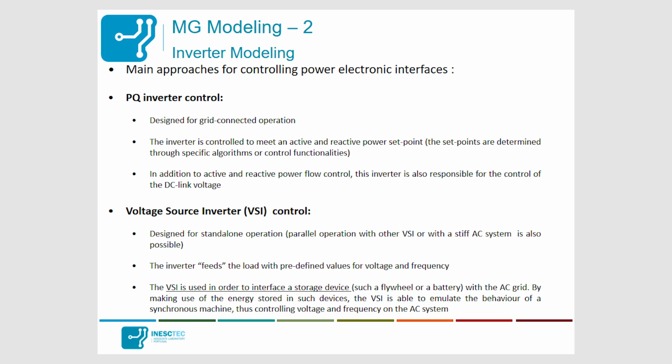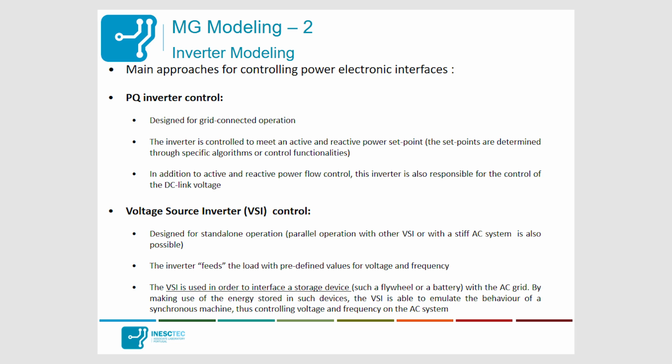Afterwards, it is necessary to consider another type of inverter. This is an extremely important type of inverter, what we call the voltage source inverter or grid forming inverter, that is really the one that is designed for stand-alone operation, in a lone operation.